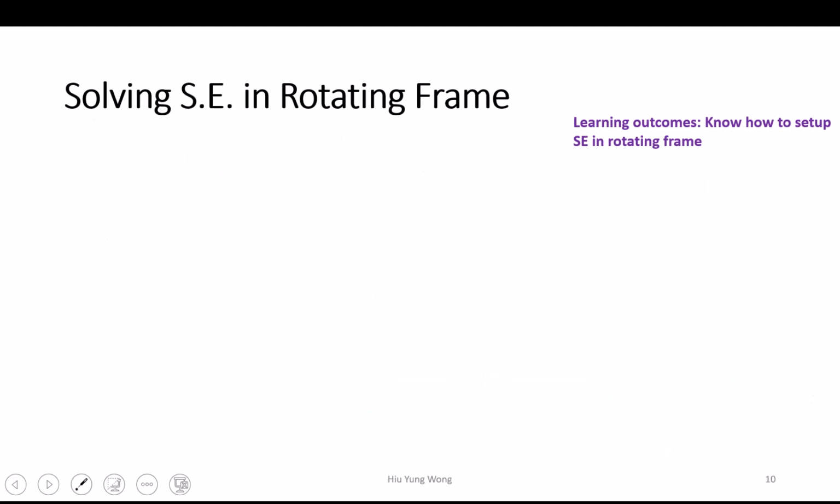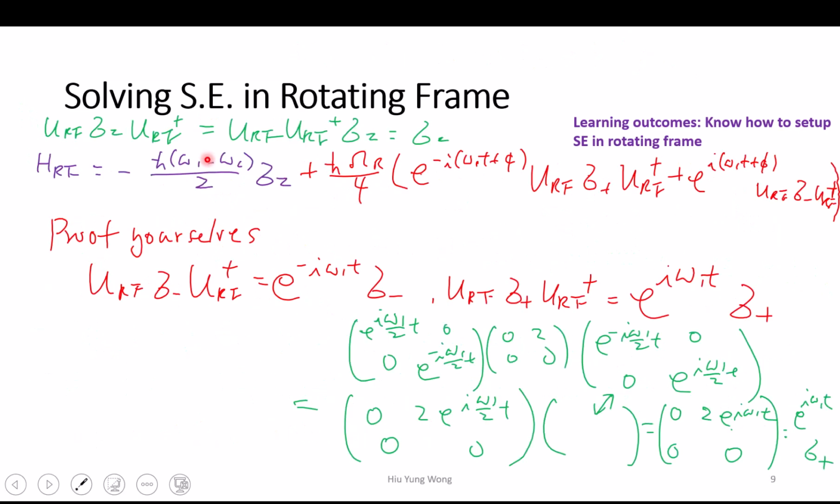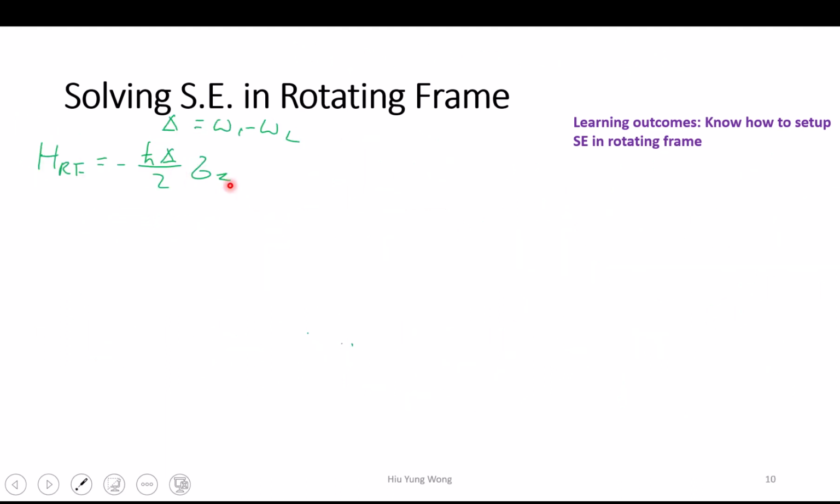Now, what is the total Hamiltonian? HRF, the first term is negative h bar delta divided by 2 sigma z, where delta equals omega 1 minus omega L. Do you see this? Omega 1 minus omega L, delta, something called detuning.